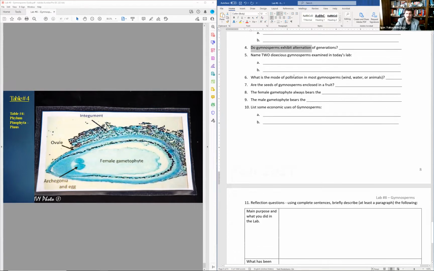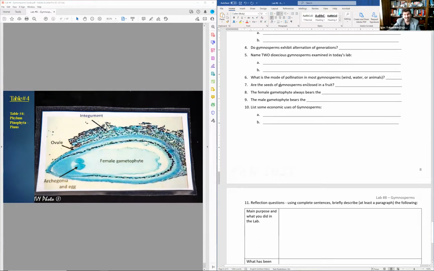What is the mode of pollination for most of the gymnosperms: wind, water, or animals? In most cases, it's wind. In some cases, animals, but most of the time it's wind. Are the seeds of gymnosperms enclosed in a fruit?